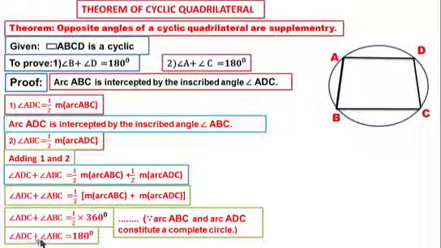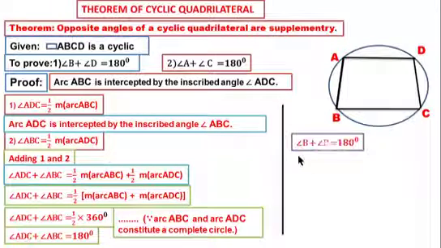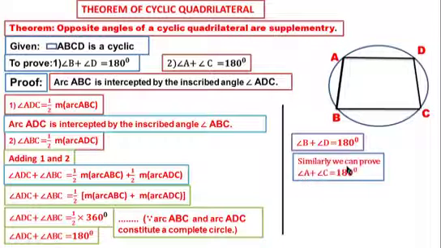Angle ADC plus angle ABC is equal to 180 degrees, dividing the 360 degrees by 2. Therefore, angle B plus angle D is equal to 180 degrees. Similarly, we can prove angle A plus angle C is equal to 180 degrees.